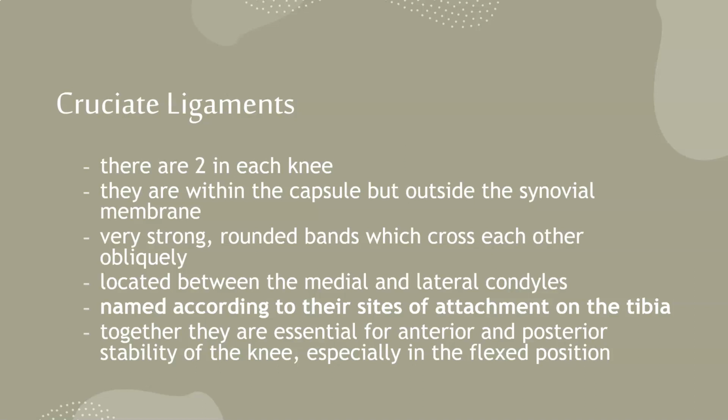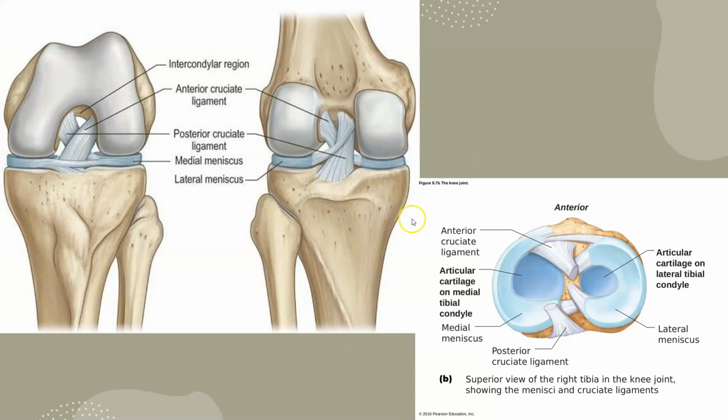So there's an anterior cruciate and a posterior cruciate, and they are named according to their attachment on the tibia. We need them absolutely because they're essential for anterior and posterior stability of the knee, especially when we're flexed. In this diagram, here is the proximal tibia, and here's the anterior part, with the tibial tuberosity.